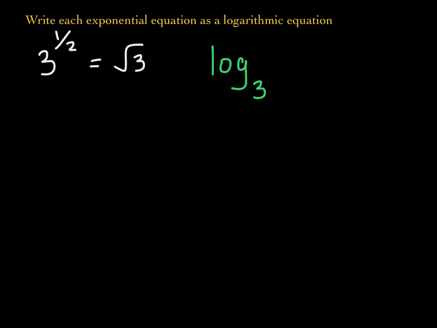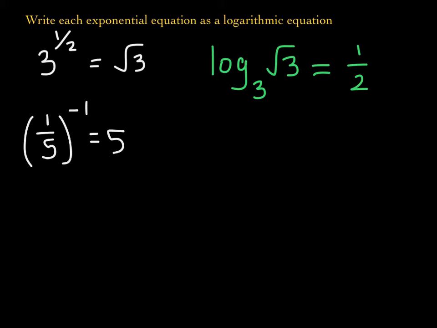Now a logarithm is an exponent, and the exponent that you see is 1/2. Please don't lose that translation. A logarithm is an exponent. So you always want to set your log equation equal to the exponent, because a logarithm is an exponent by definition. The exponent is 1/2, so that goes on the right side of the equal sign. So then the argument must be the square root of 3. If you raise 3 to the power of 1/2, you'll get the square root of 3.